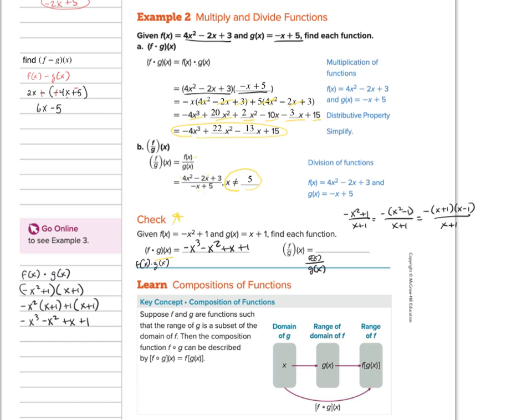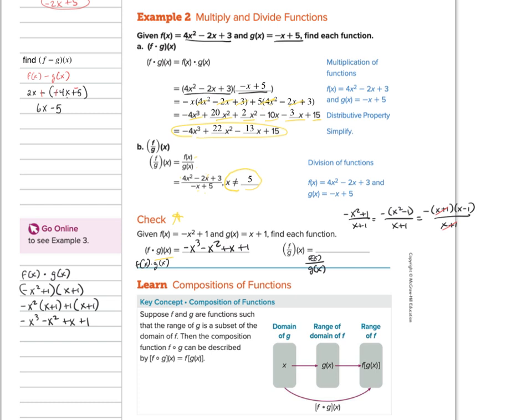Now when I divide, I have f divided by g of x. So I notice here I've almost got a perfect difference of squares. So if I factor out a negative 1 from the numerator, I have x squared minus 1, and I can factor that. So I have that negative 1 factored out, and then x squared minus 1 becomes x plus 1 times x minus 1. And now this can be simplified.